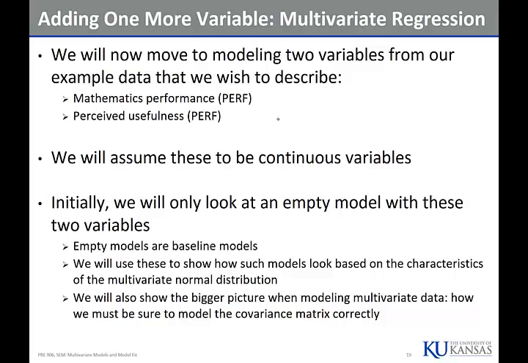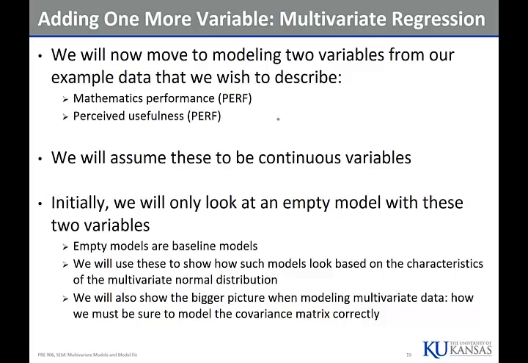Sorry. All right. So that was regression. We didn't put a predictor in, but that was what you knew and loved about regression up to this point. Let's talk about multivariate regression, though. Let's provide a model where we predict both mathematics performance and perceived usefulness simultaneously. We're going to assume these to be continuous variables.